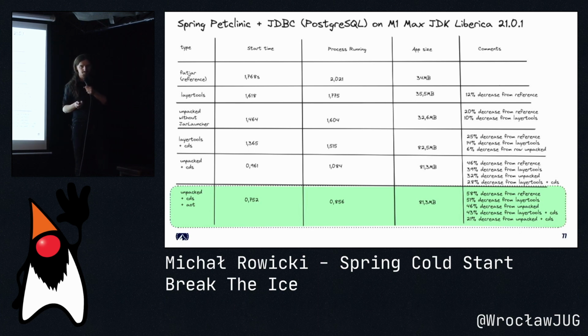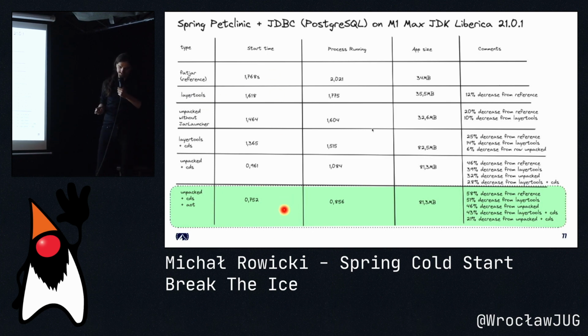I made some comparison of startup time for the Spring Pet Clinic with JDBC for PostgreSQL, and I would like to compare just a couple of the numbers. First, we have our fat JAR startup time. It was like 1.7 seconds.